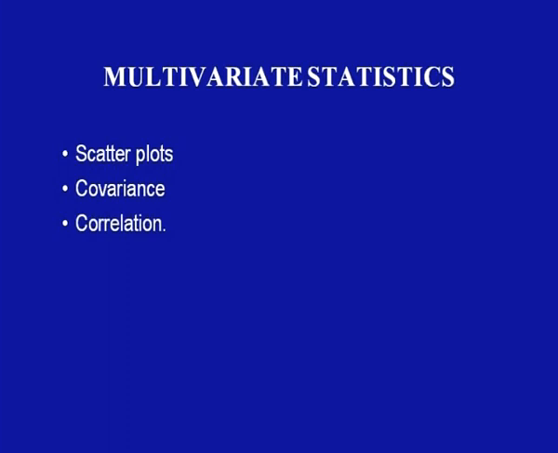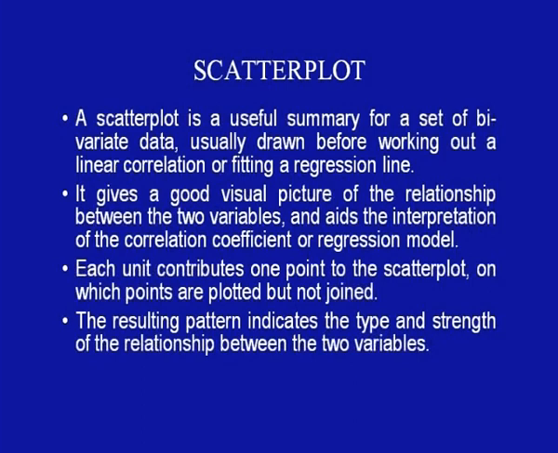First of all, let us look at what is a scatter plot. A scatter plot is a useful summary of a set of bivariate data, usually drawn before working out the linear correlation or fitting a regression line.